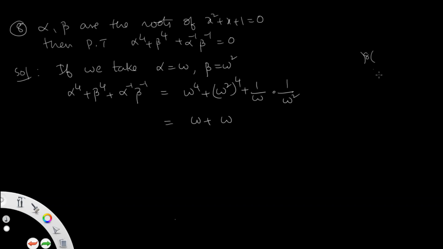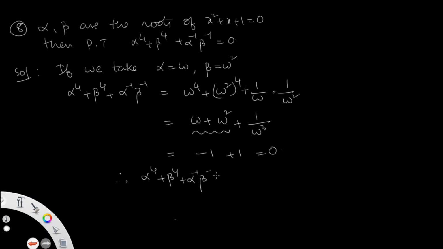If the power of omega is greater than 3, it reduces by the remainder. And 1 by omega cube is 1. So that is omega plus omega square plus 1, which is minus 1 plus 1, nothing but 0. Therefore, alpha power 4 plus beta power 4 plus alpha power minus 1 beta power minus 1 equals 0.